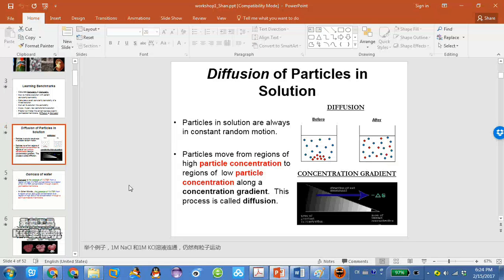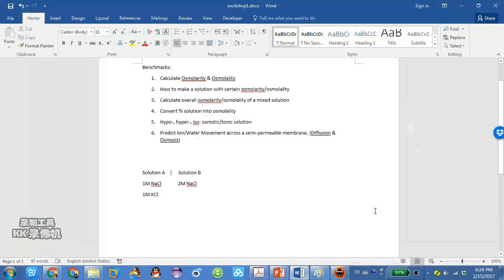So particle concentration is very different from overall concentration of a solution, which means if we want to know the diffusion direction of a specific particle, you should only look at the particle itself, not the overall concentration of the solution.